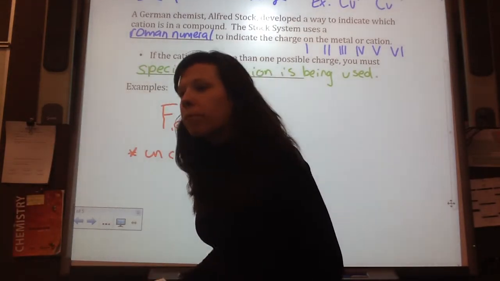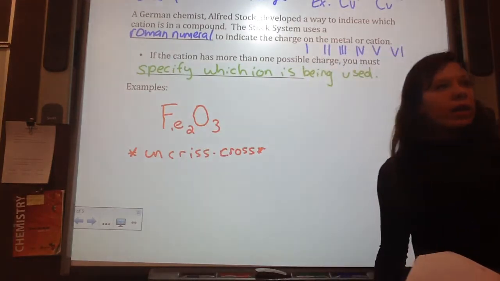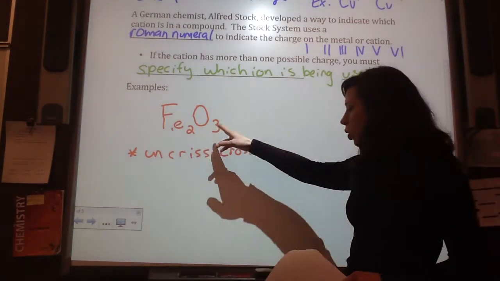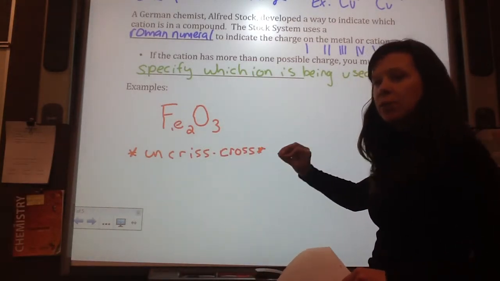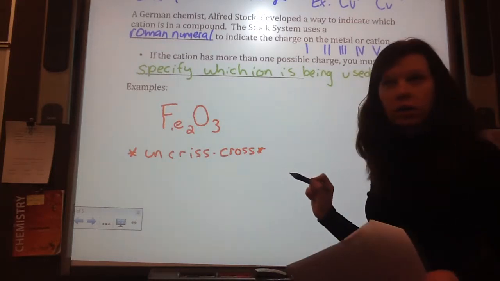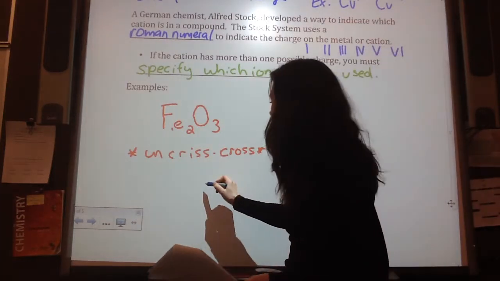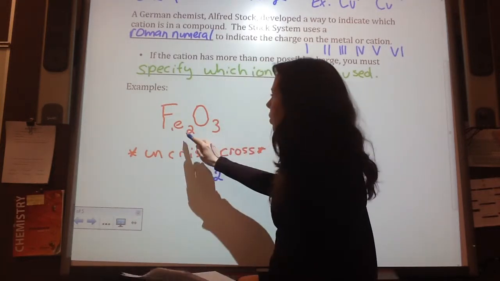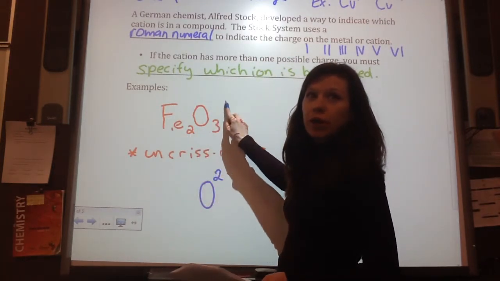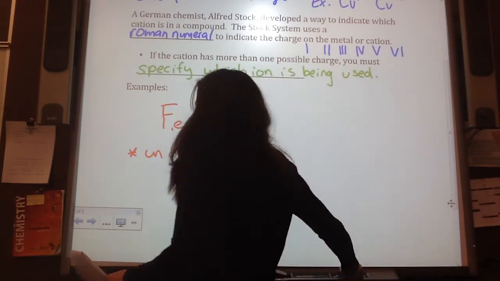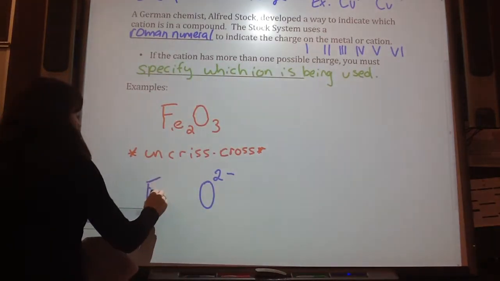Generally most anions can't be multiples. So when you look at oxygen, what does oxygen's charge have to be? 2 minus, yeah. So that's where the 2 came from, right? Because we had to crisscross down. So what must iron be then? 3 plus, yeah.